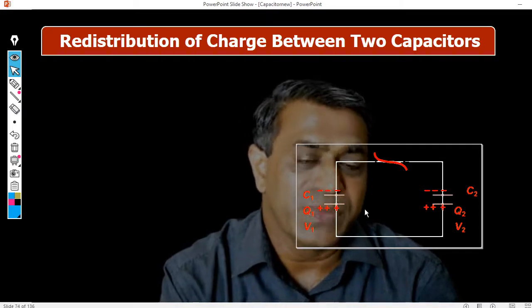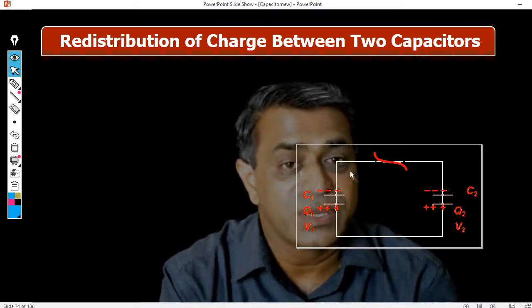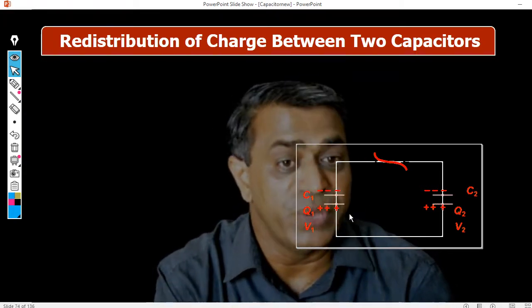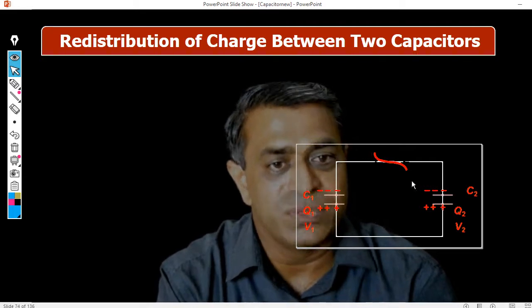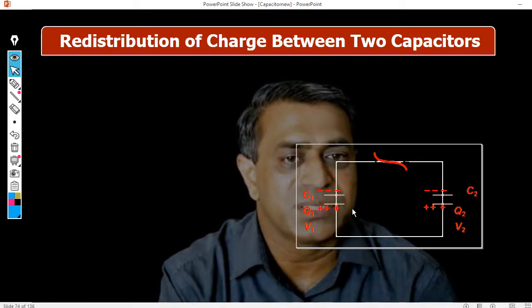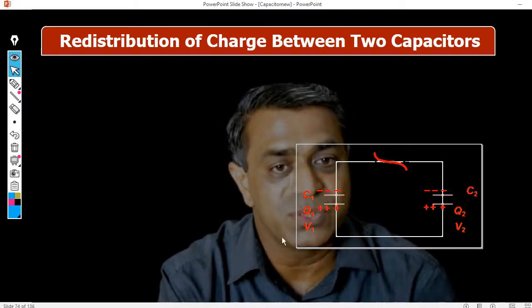So the initial potential difference may be different, but after connecting, the charge will be redistributed to equalize the potential. So you can say these two capacitors are in parallel, so you can use the equations of parallel.